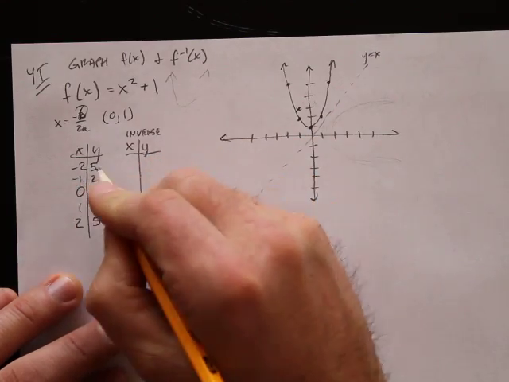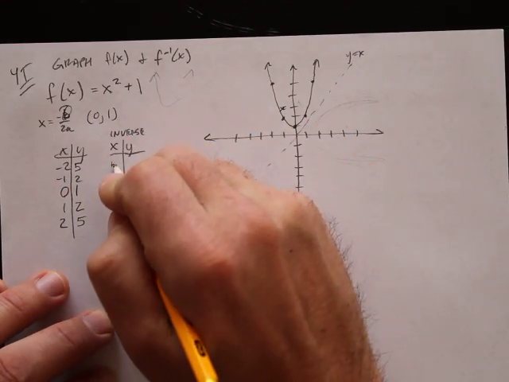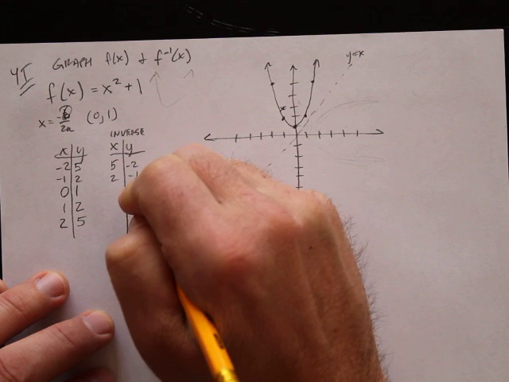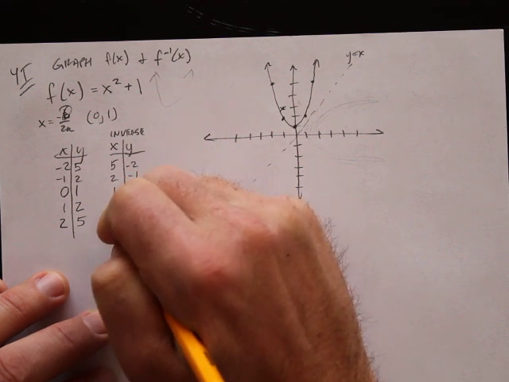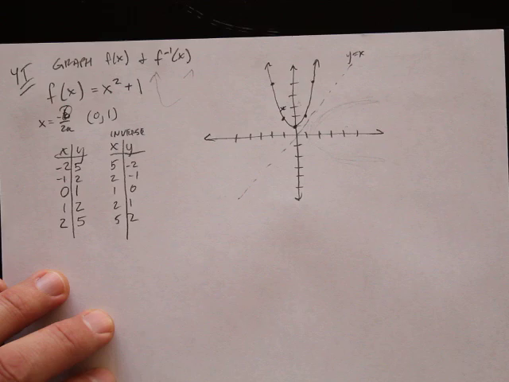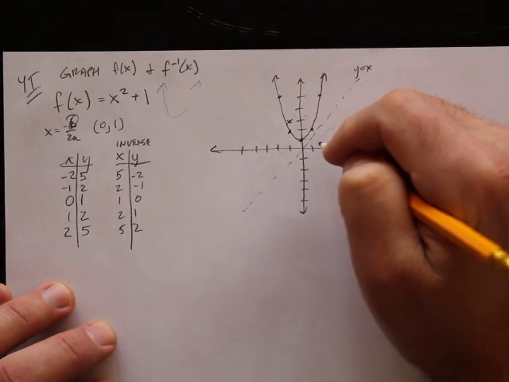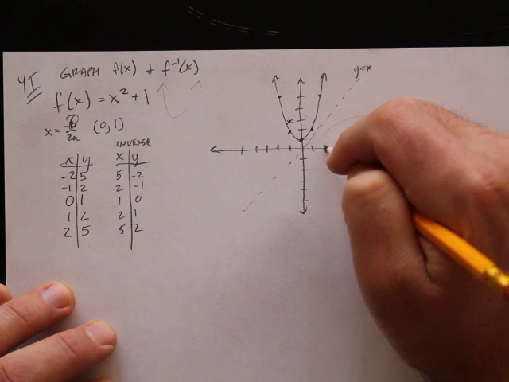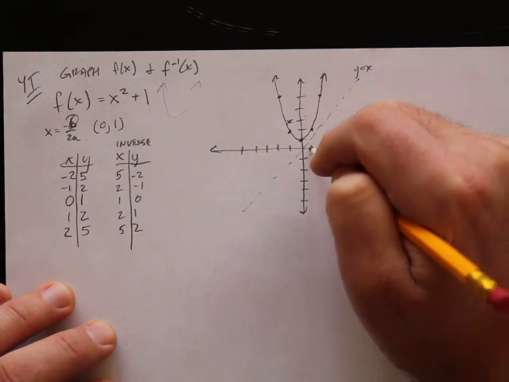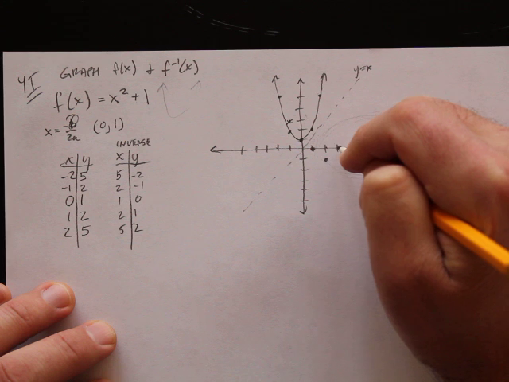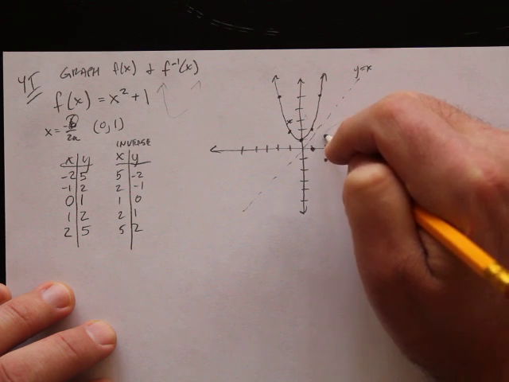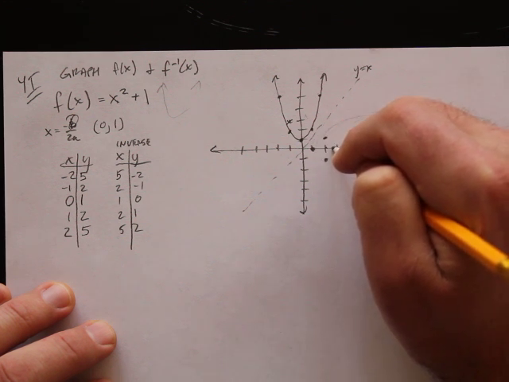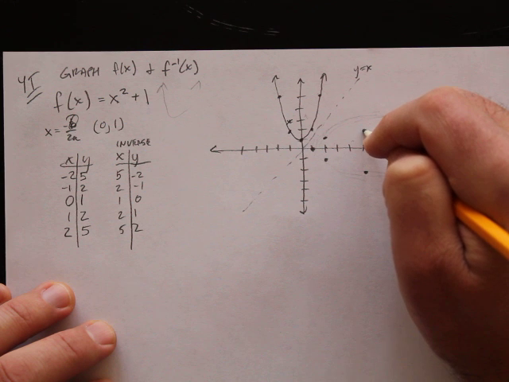So I'm just going to swap x and y, or exchange x and y. 5, negative 2, 2, negative 1, 1, 0, 2, 1, 5, 2.